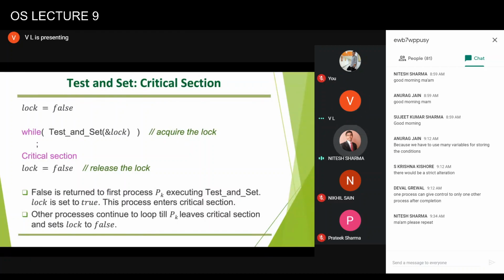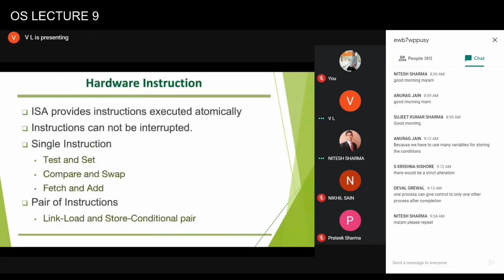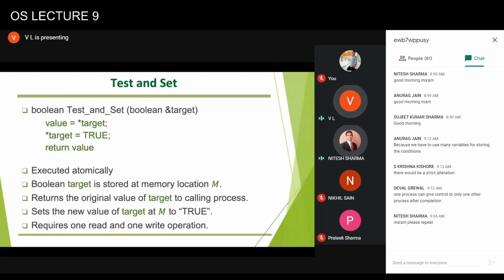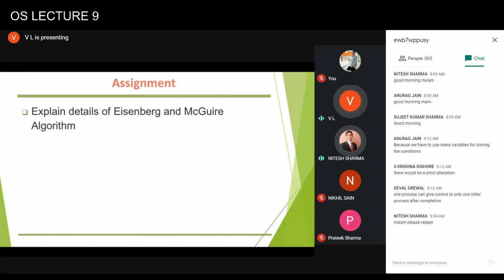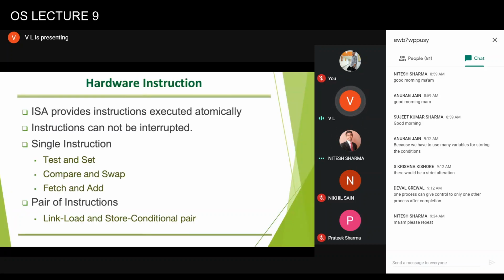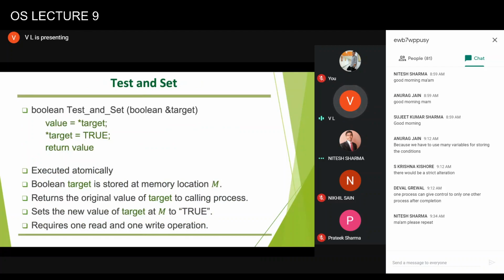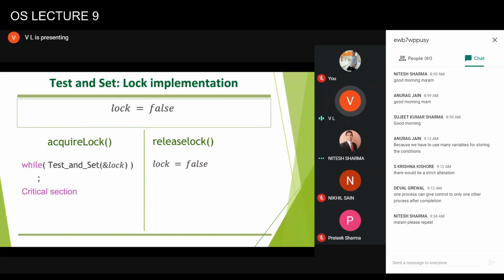Yes, ma'am, that thing is clear. But I just wish to see the code from the previous two slides, what was written there. Ma'am, can you navigate back to the previous two slides? This is where I stopped the algorithmic solution. Then I went to the hardware instruction. Then I explained the first hardware instruction, test and set. Then I said how it can be used to implement a lock.